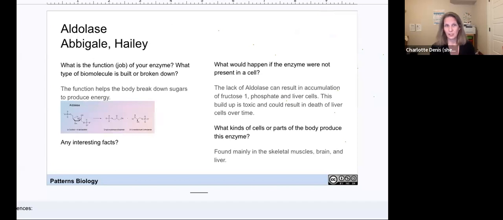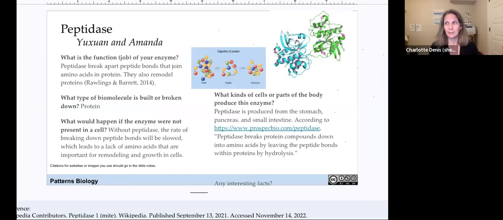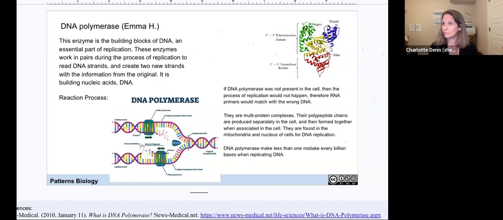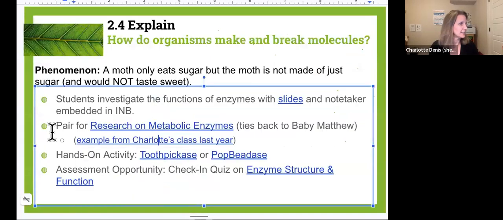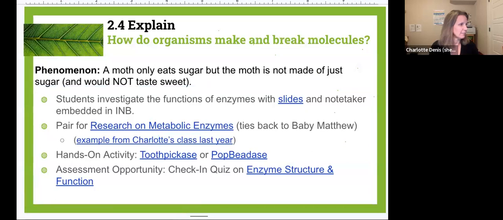They can't copy from each other because they're all doing something different. And we can come back to this later to refer to the different kinds of enzymes that are responsible for different parts of the metabolism. That is like a research-based thing.